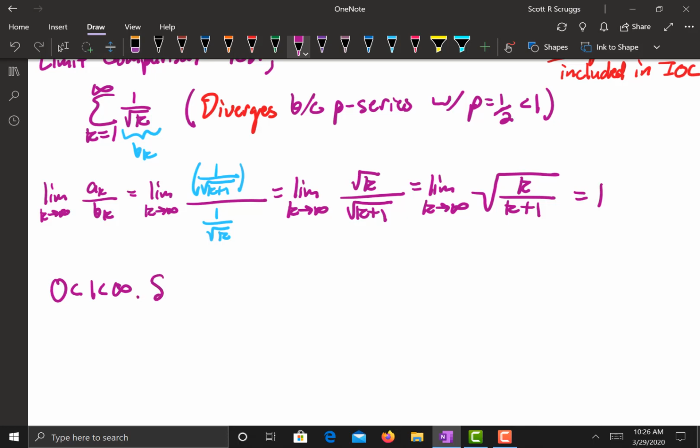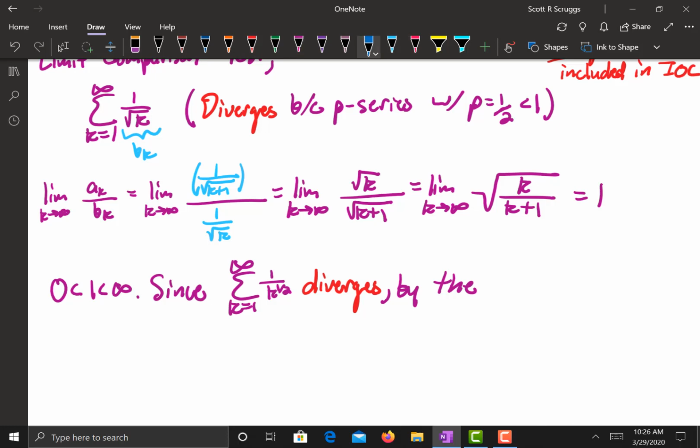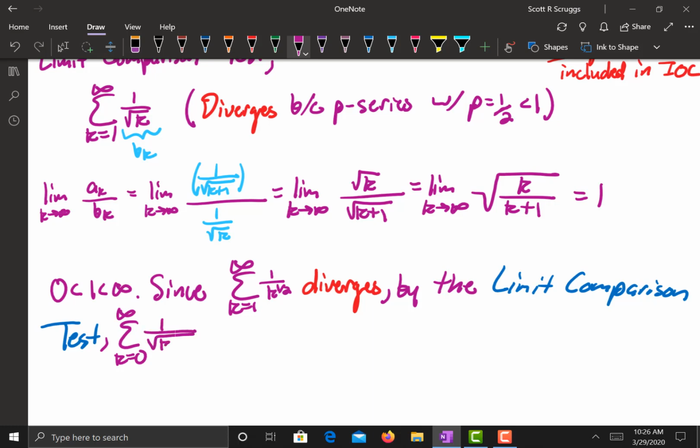Therefore, let's write our conclusion. Since we know that the series 1 over k to the 1/2 diverges, therefore by the limit comparison test, the original series that I had, 1 over square root of k plus 1, diverges.